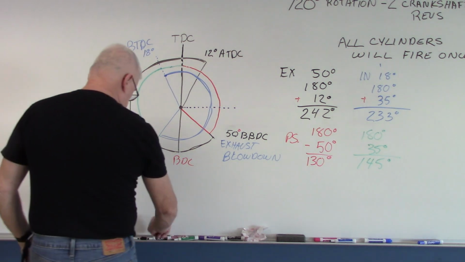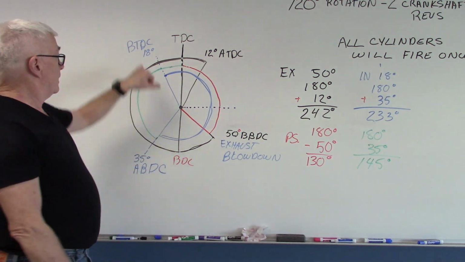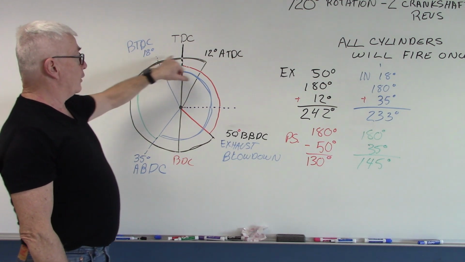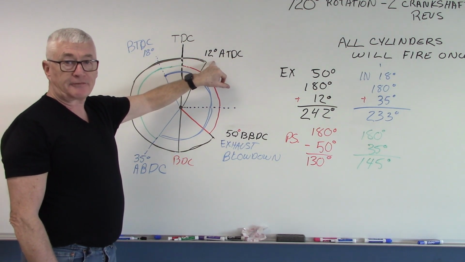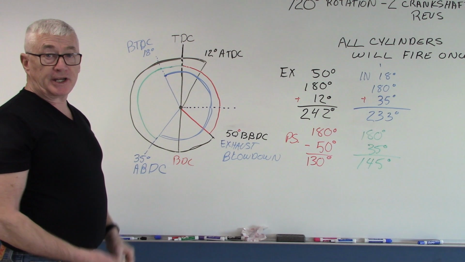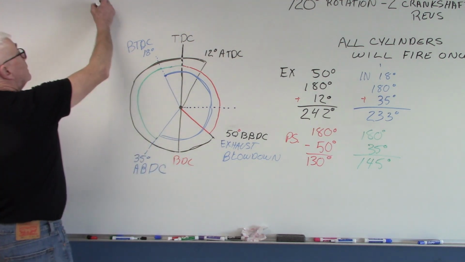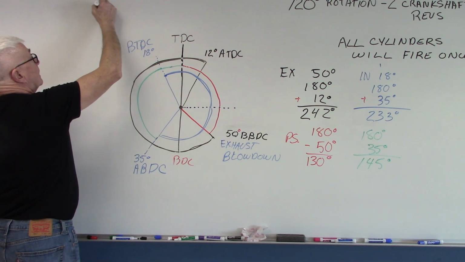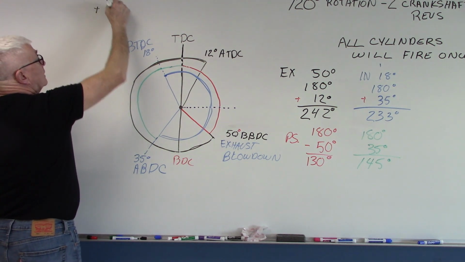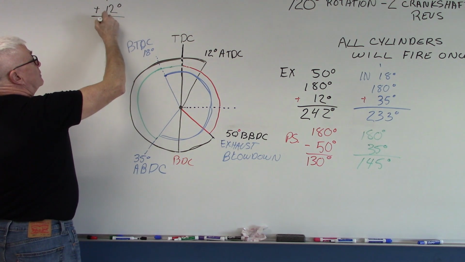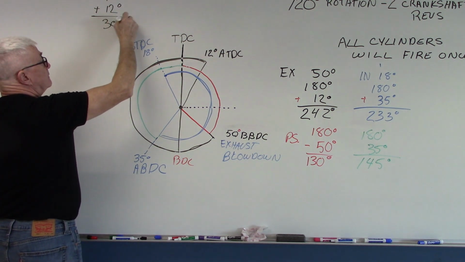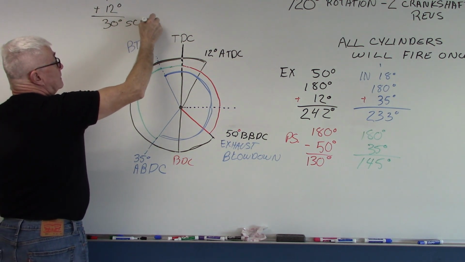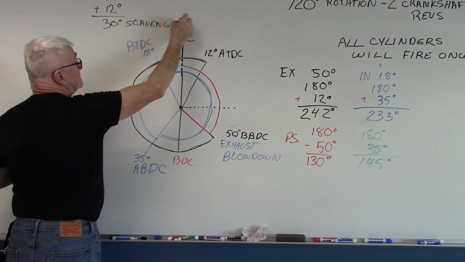The other way to express that would be valve overlap. 18 degrees before plus 12 degrees after would mean that I have 30 degrees of valve overlap. So 18 degrees plus 12 degrees equals 30 degrees of scavenging.